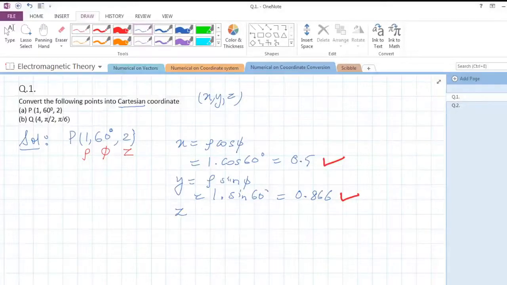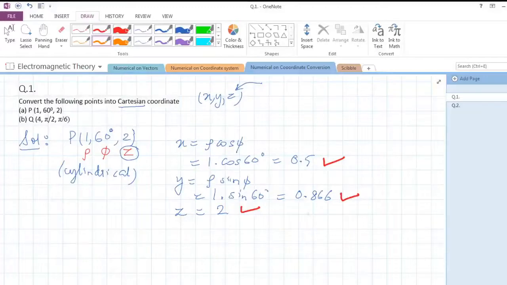The z in the Cartesian or rectangular coordinate system is the same as the z in the cylindrical coordinate system. So z will be copied as it is. No formula is required here. So we are done with the z coordinate also.